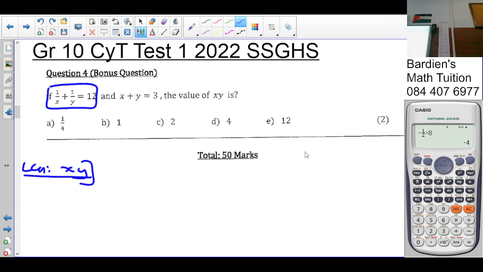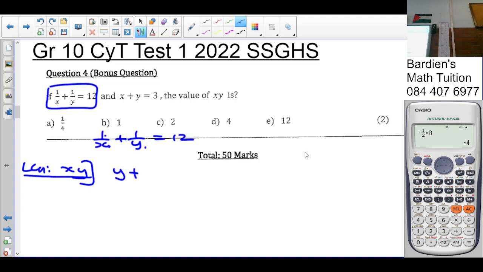So 1 over x plus 1 over y equals 12. If I multiply this by xy, I just want to get rid of my LCM. So I multiply that by y. So it's going to be 1 times y is y.